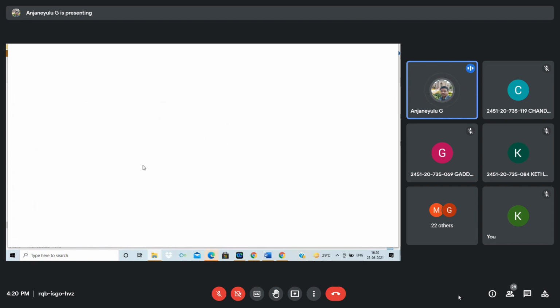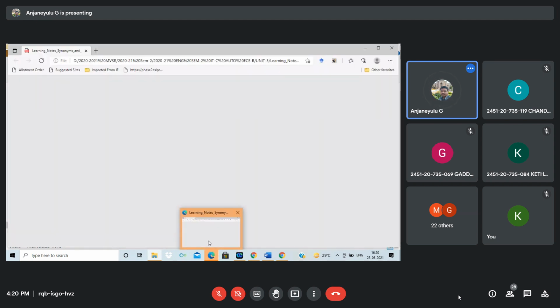Okay, so now I'll show you once again a few examples related to this topic, and how you improve this vocabulary with the help of other sources like synonyms, antonyms, and one word substitutes. So dear students, have a look here. It's opening the screen. One second, it's getting there.